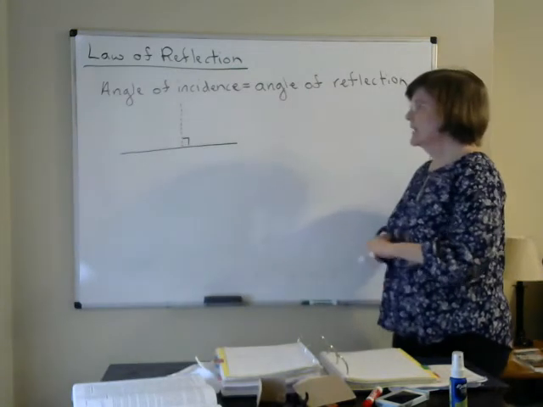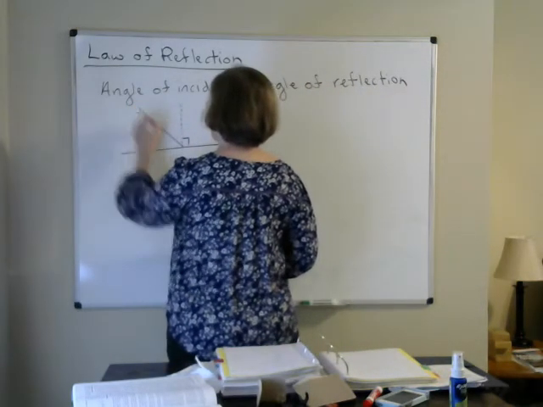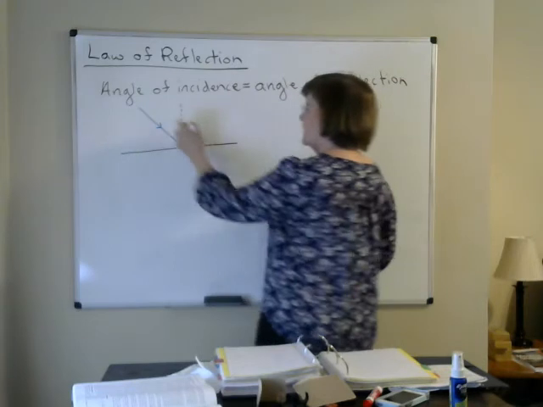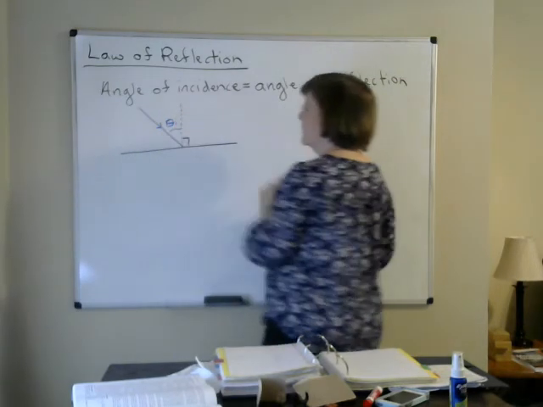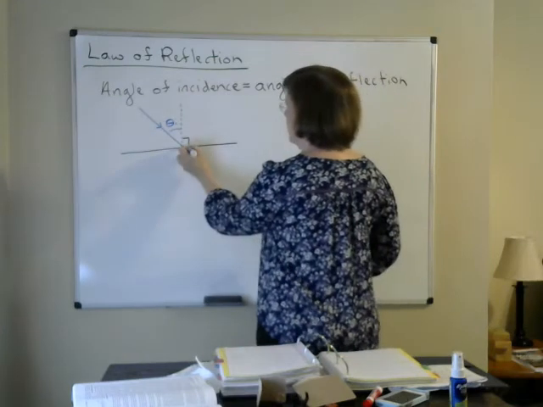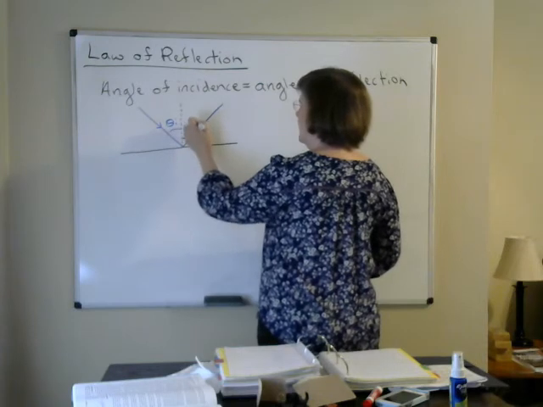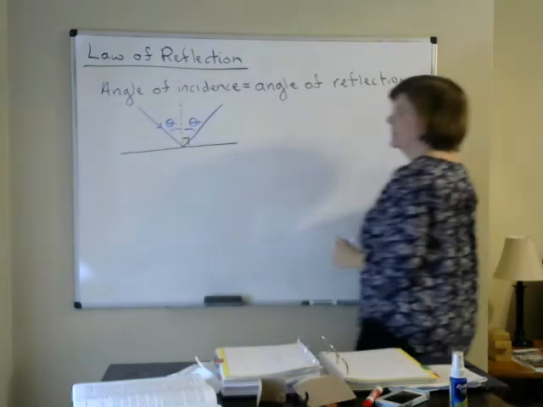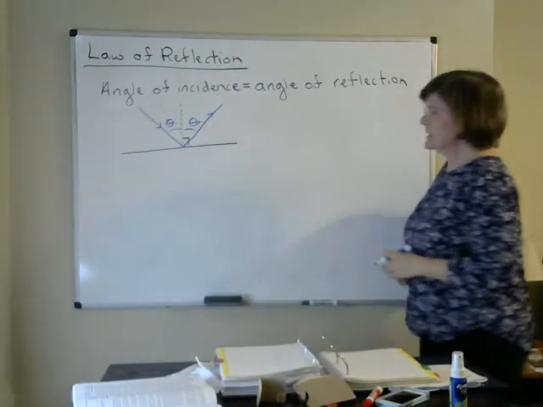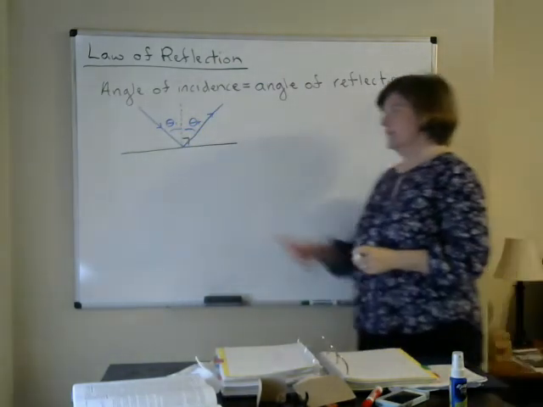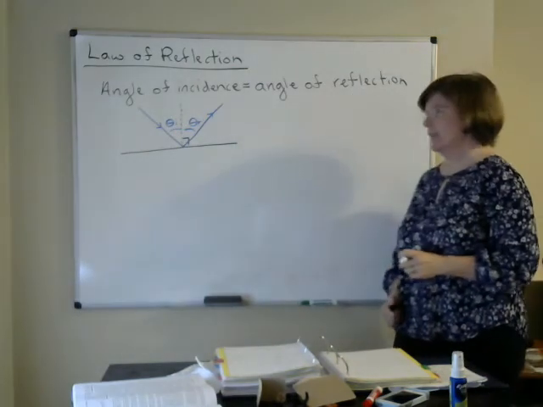If my ray of light comes in like that, this would be my incident angle right there, and that would be my reflected. So the angle of incidence is equal to the angle of reflection. If the angle of incidence is 40 degrees, the angle of reflection is 40 degrees.